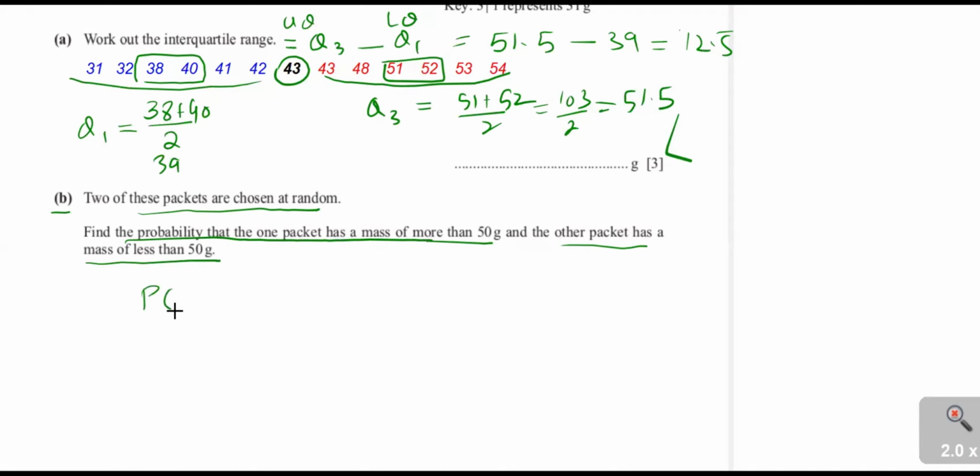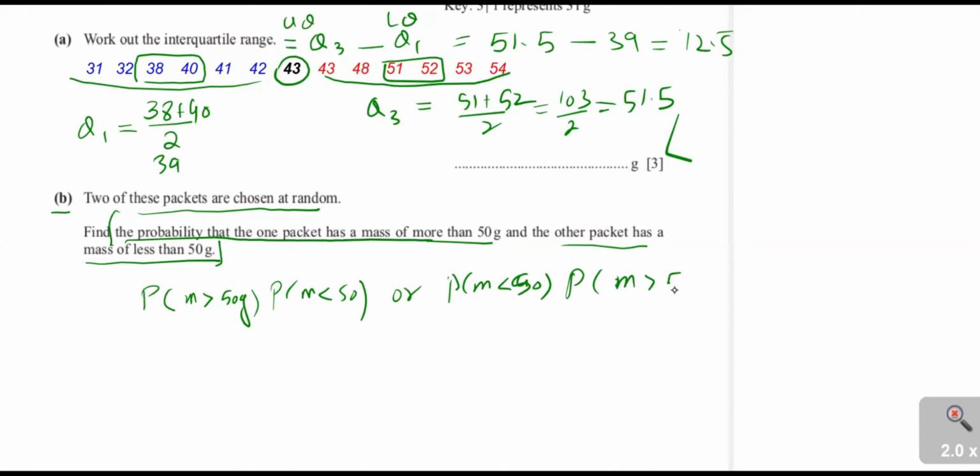This will be equal to the probability of mass greater than 50 gram times the probability of mass less than 50 gram, or the probability of mass less than 50 gram and the probability of mass greater than 50 gram.